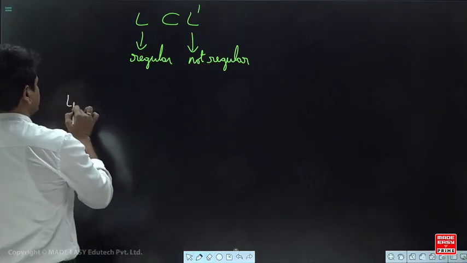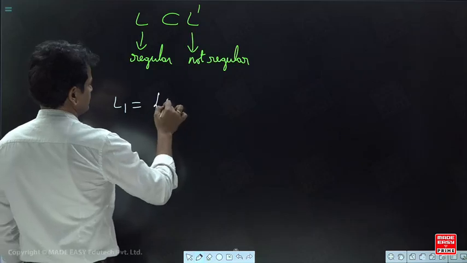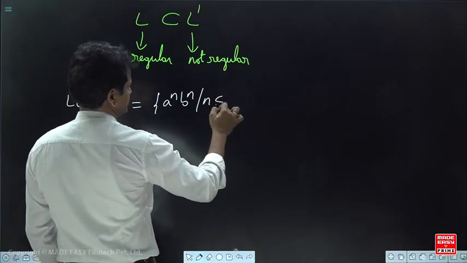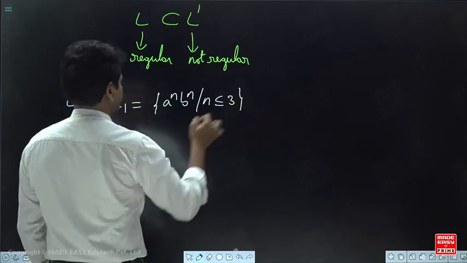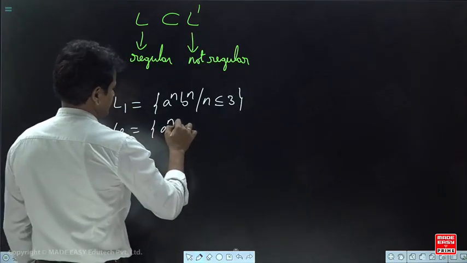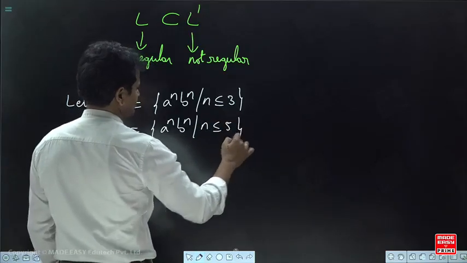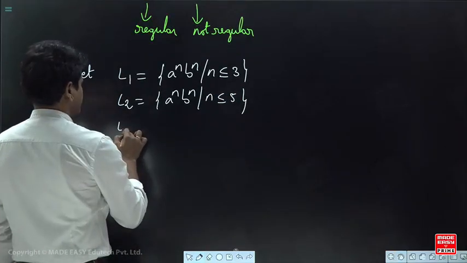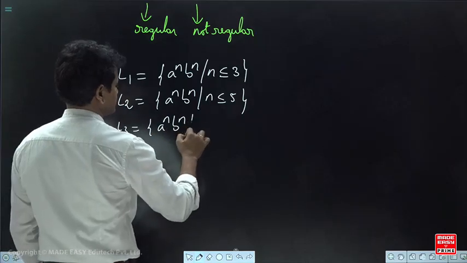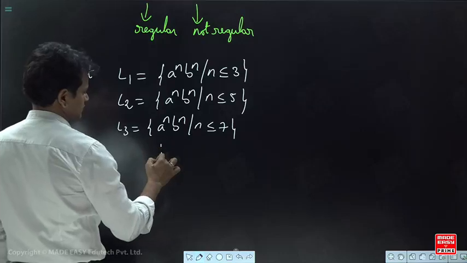Next, let L1 equal to a^n b^n, n less than or equal to 3. L2 equal to a^n b^n, n less than or equal to 5. L3 equal to a^n b^n, n less than or equal to 7. Next, and so on.